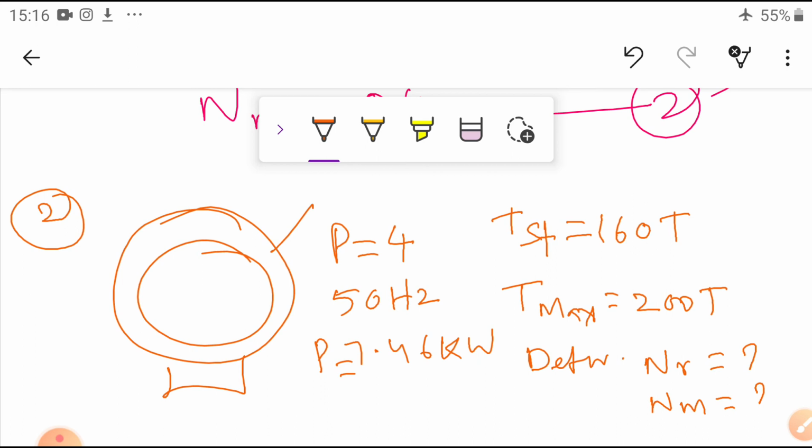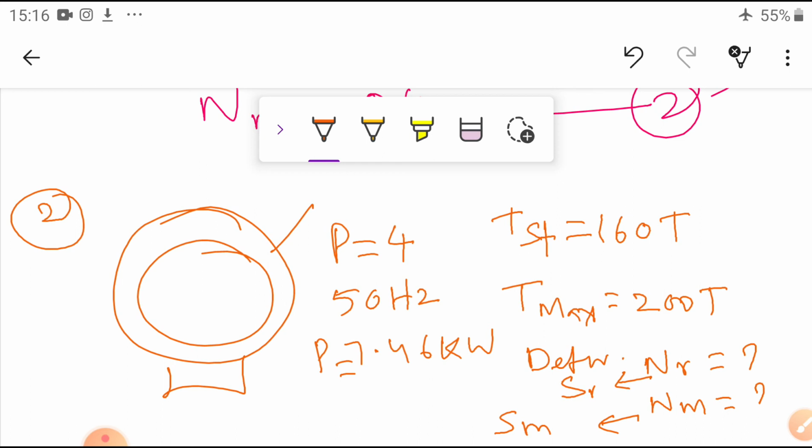So for finding these required values, I require NR, Ns, the slip, and here A is required. I require Sm, the maximum slip, and S, the rated slip, then we are going to calculate.